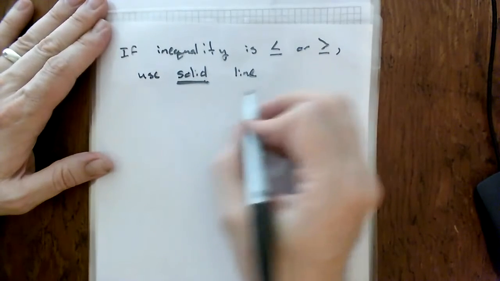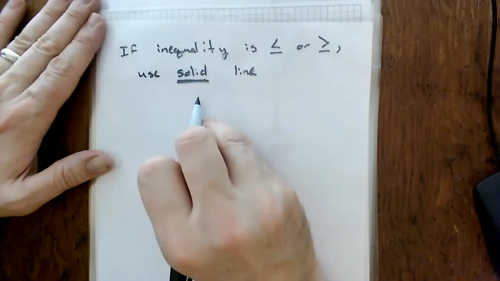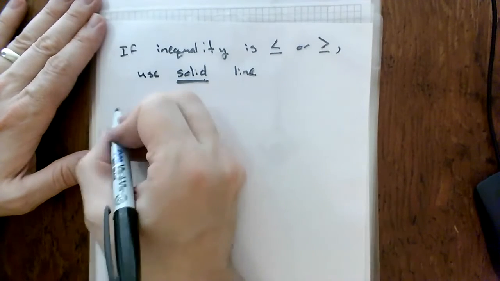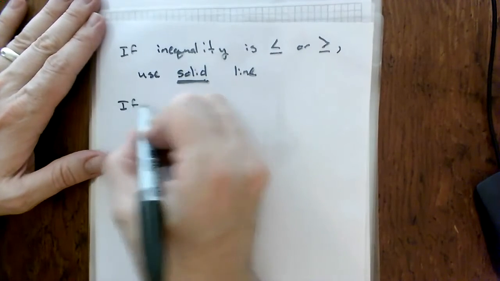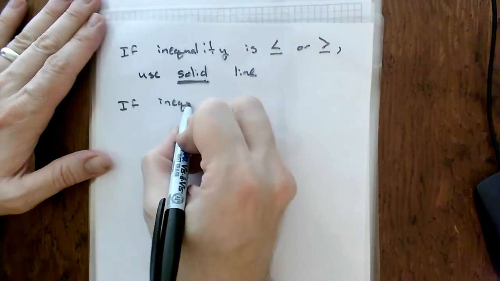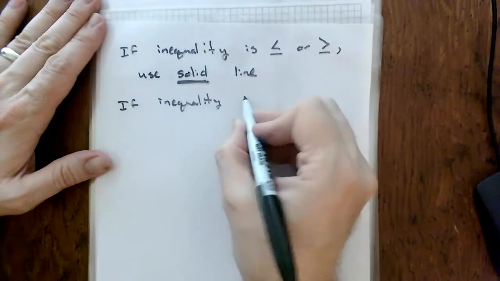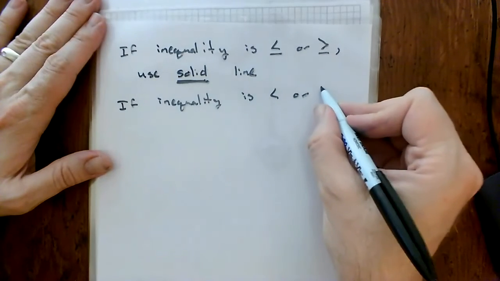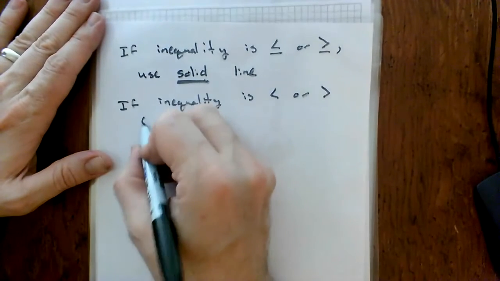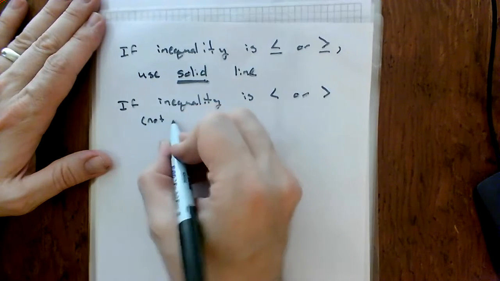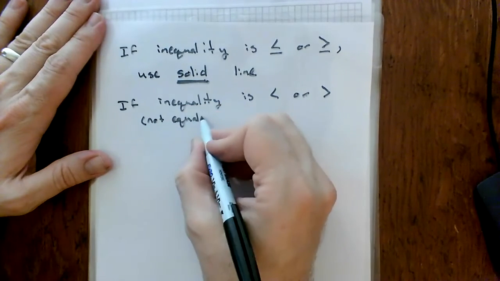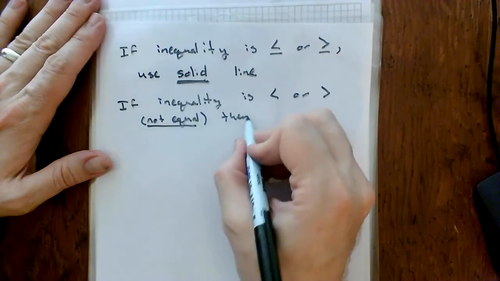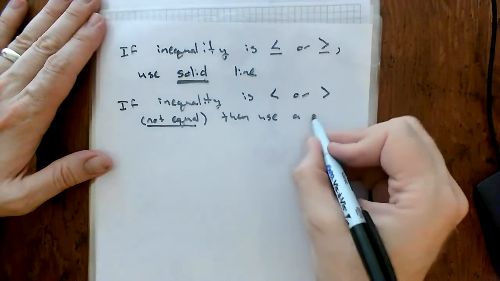The solid line says that whatever is happening on that line can be a solution. If your inequality is less than or greater than, so not equal to, then use a dashed line.